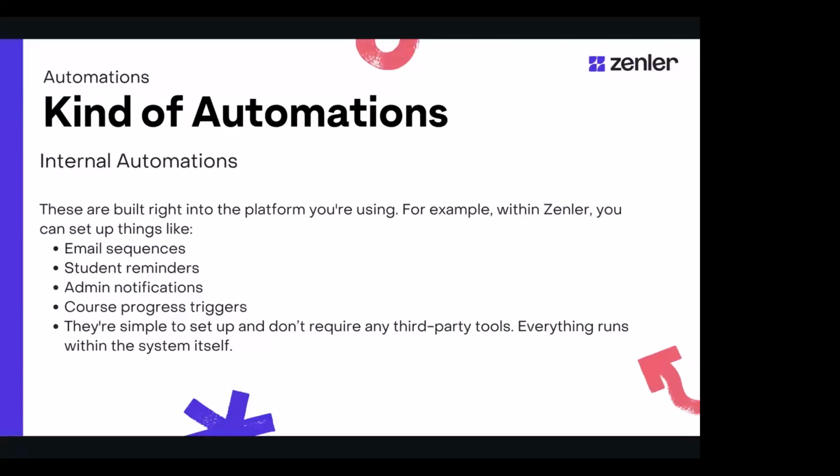Those are the internal automations where you can communicate with your students and your leads, and send out newsletters through email broadcasts. There is an automation system in every part of Zenler, in courses, in marketing funnels, in email broadcasts, every space. There's an internal automation, which I'll show you a little bit faster because we'll focus on the external tools today.